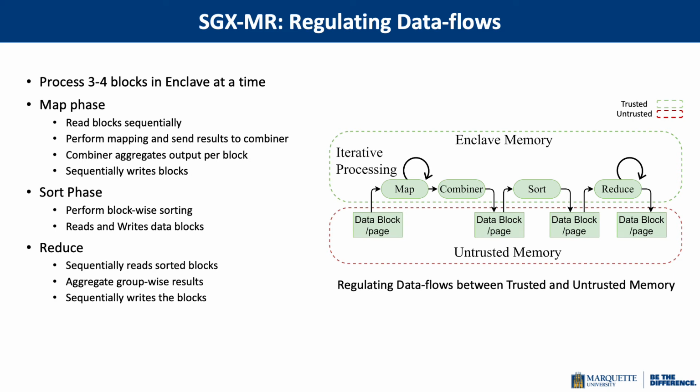When the map phase is done, the sort phase starts. It sorts the mapped and combined output, and reads and writes the data blocks to the untrusted memory. At the end, the reduce phase performs the same as the map phase. It sequentially reads the sorted blocks, aggregates the group-wise results, and finally sequentially writes the blocks to the untrusted memory.